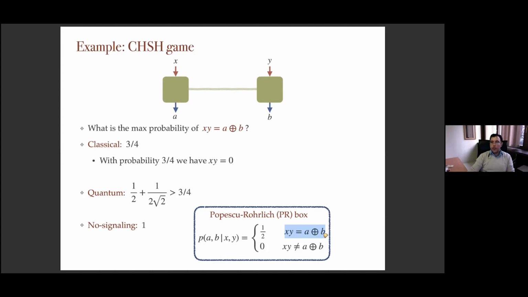So the marginal over A would be uniform. With probability 1/2, A would be 0, and with probability 1/2, A would be 1. So the marginal over A is not only independent of Y, it's independent of X as well. And it satisfies the no signaling condition. And this is called a PR box.